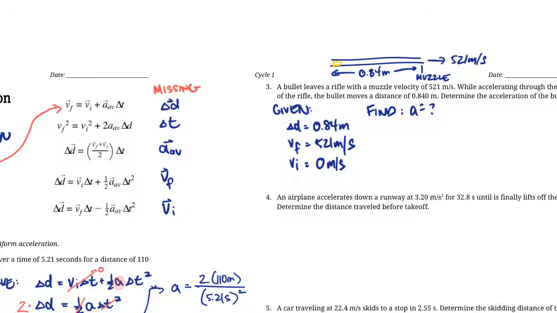Which equation can we use here? Well, if you look at what's missing, we don't actually care about delta t. We don't care about the time in this equation. When we don't care about time, it's going to be this equation that we use. It's a little bit of a complicated one. It's got all these squareds in it, but I think we're going to be okay. So to solve this, we're going to use the equation Vf squared equals Vi squared plus 2a delta d.